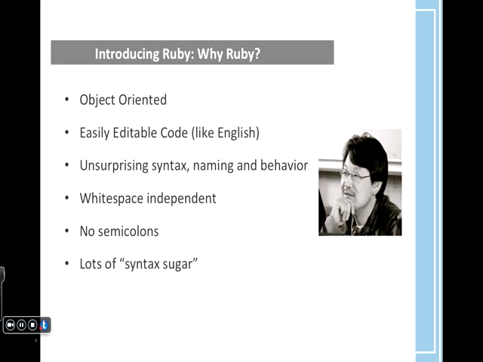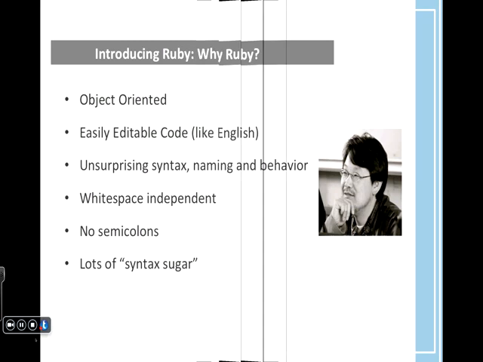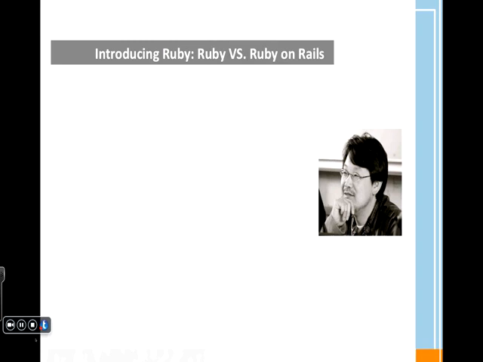Also, I would like to talk about a misconception between Ruby and Ruby on Rails. Ruby on Rails is a web framework written in Ruby. So it is using Ruby to build the web framework. When you are talking about Ruby on Rails, we are talking about a web framework that helps you build, for example, websites.